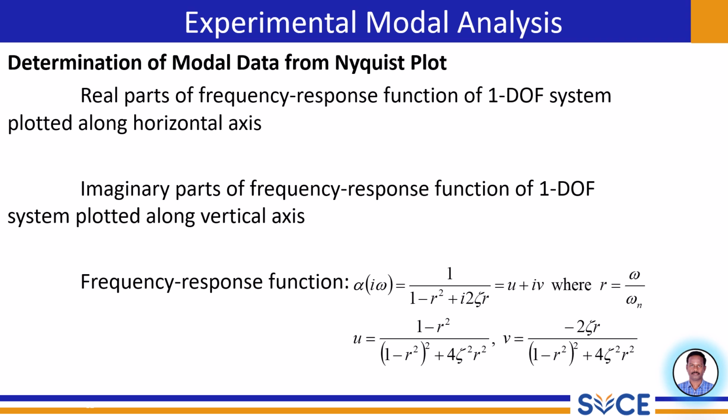The frequency response function, denoted here as alpha, can be expressed mathematically as alpha of i omega equal to 1 divided by 1 minus r squared plus i 2 psi r, where r is the frequency ratio omega by omega n. This complex function can be separated into real and imaginary parts in this way, which are then plotted against each other to form the Nyquist plot.